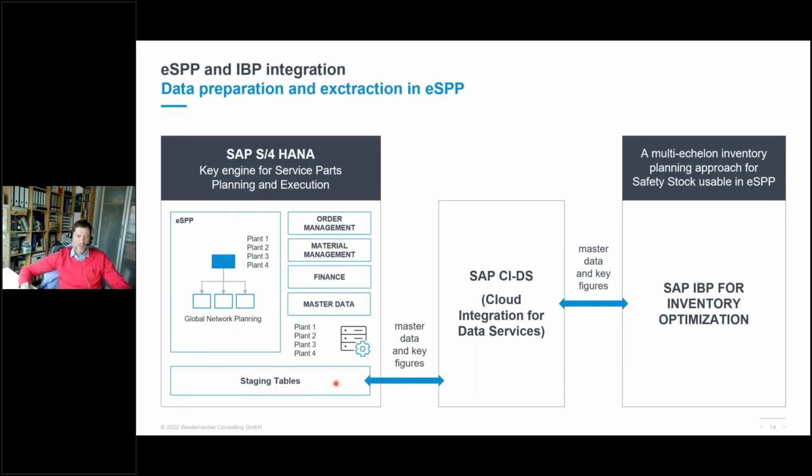The information from the staging tables is transferred into the cloud integration for data services, CIDS. There you can filter, adjust, and massage the data if you want to, and from there it goes into the IBP for inventory optimization. If you are a little familiar with IBP, that is the usual way the data gets into the IBP cloud, via cloud integration for data services.